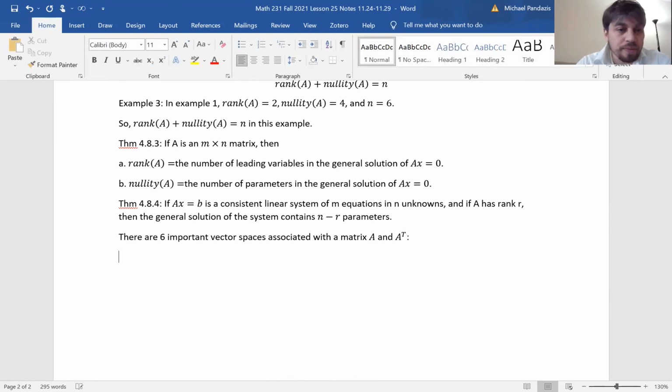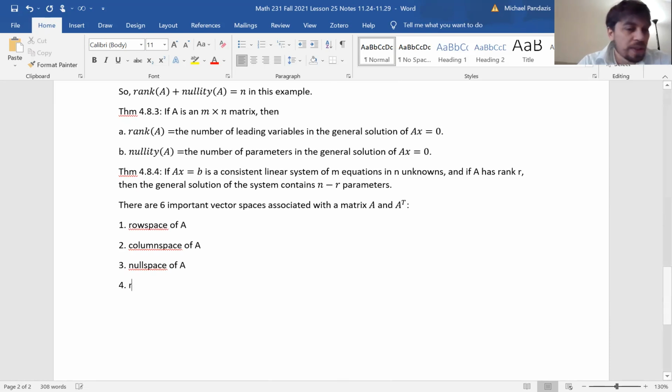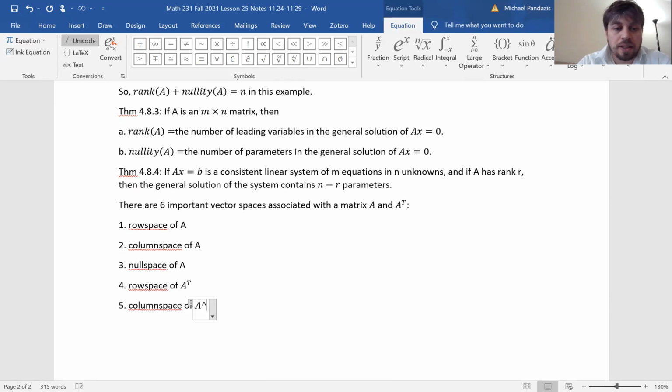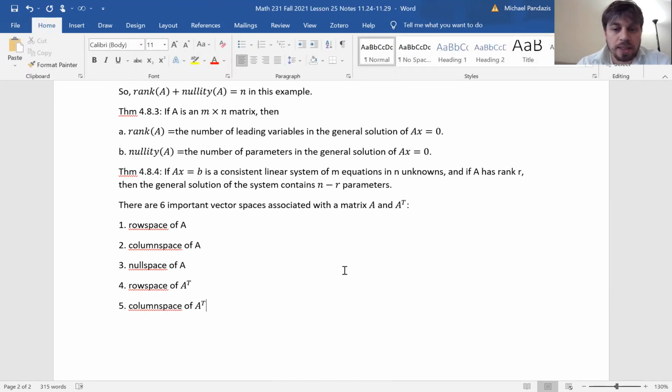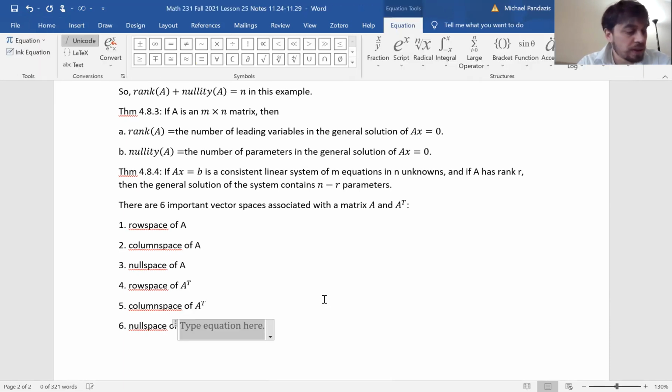Okay, so these are 1, the row space of A, 2, the column space of A, 3, the null space of A, 4, row space of A transpose, 5, column space of A transpose, and 6, the null space of A transpose.